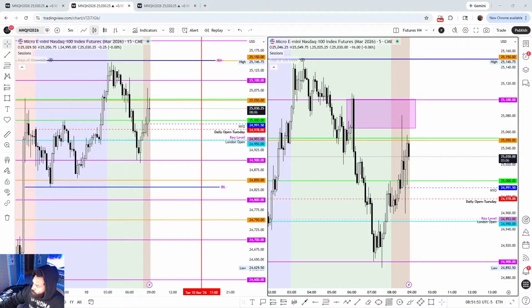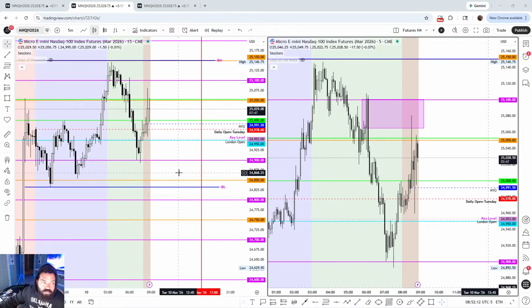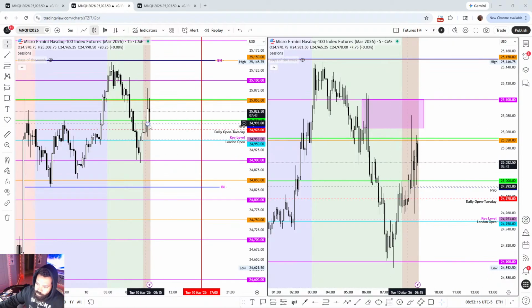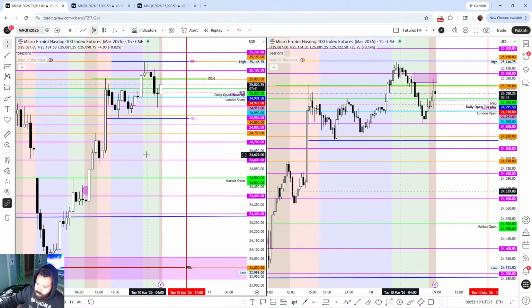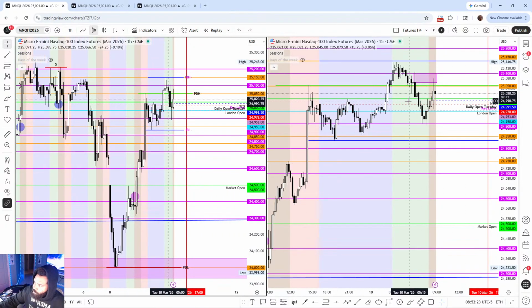YM looks like it's getting ready to roll over. And we're still kind of rejecting inside, like, essentially this area. The previous day high area, so.